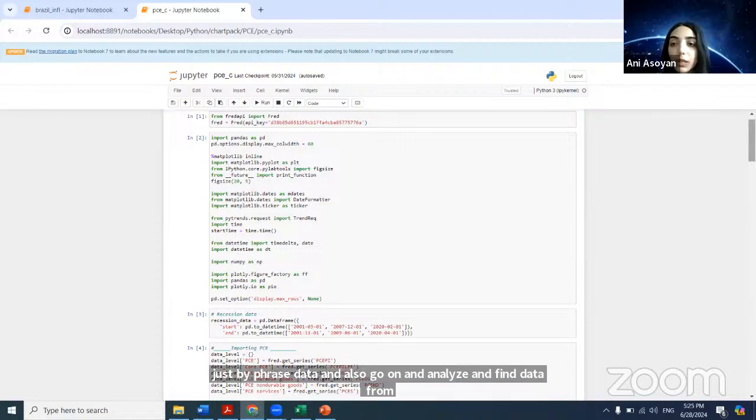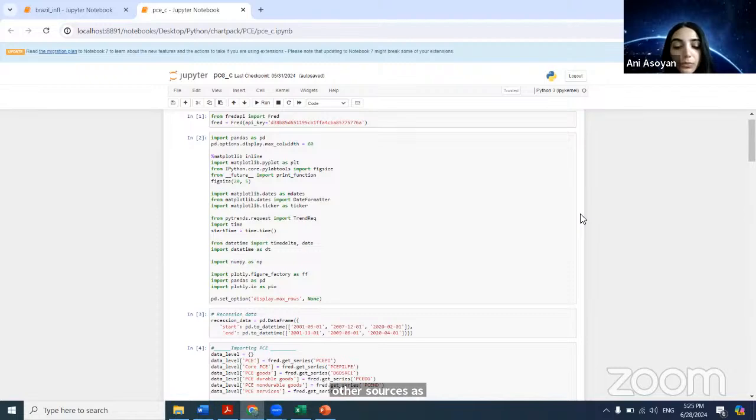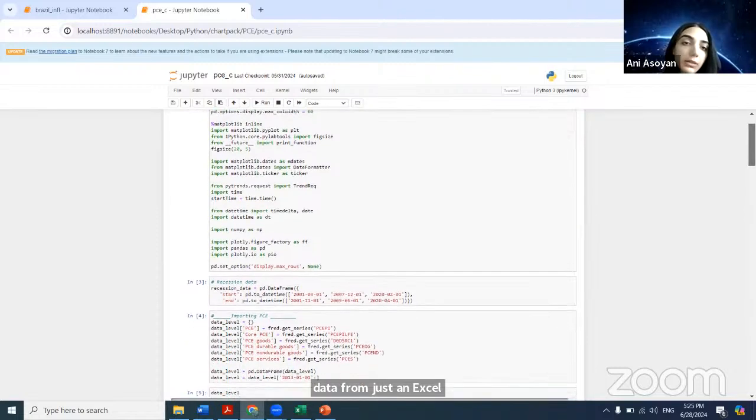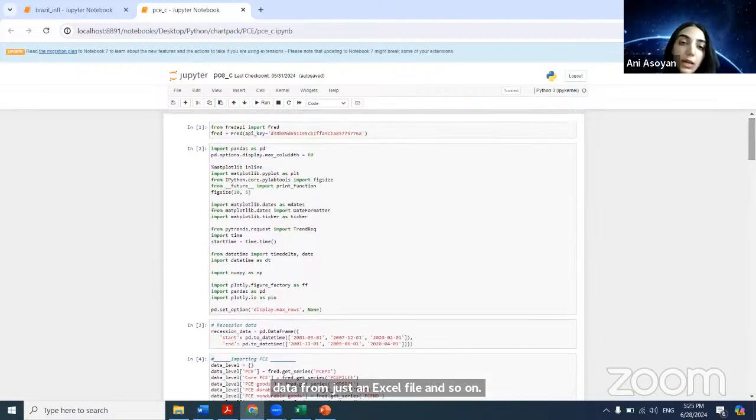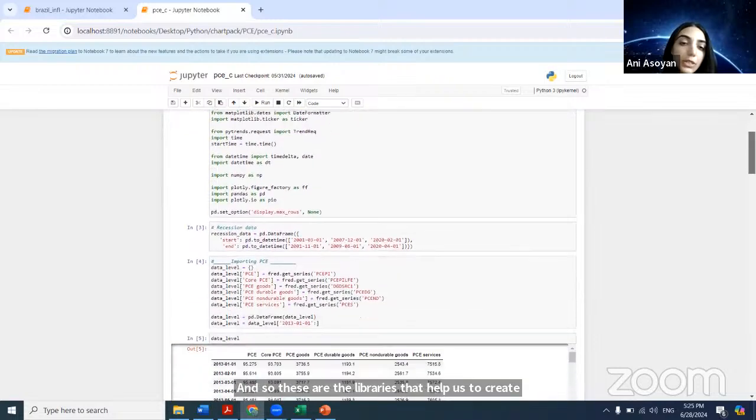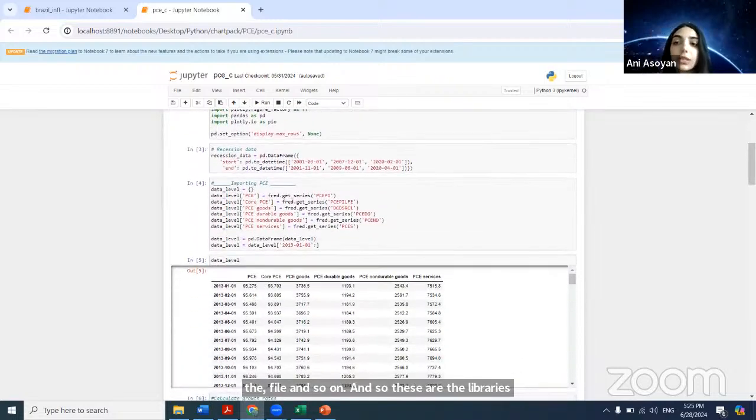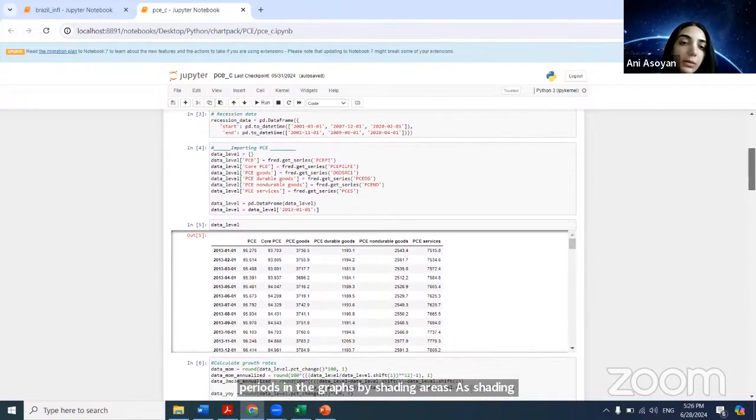For that, we can also import data from just an Excel file and so on. These are the libraries that help us to create the figures and do procedures. We also add recession data that allows us to see the recession periods in the graphs by shading areas.